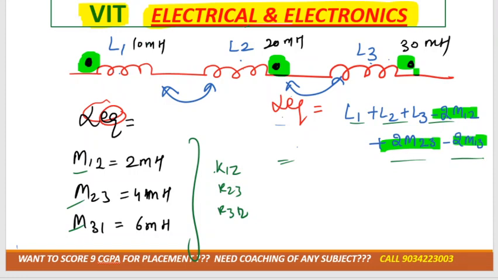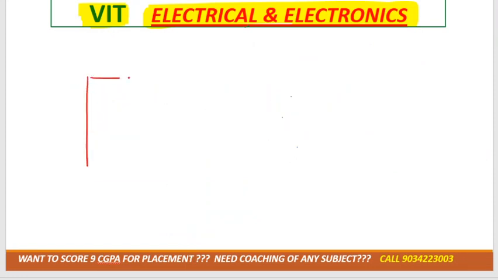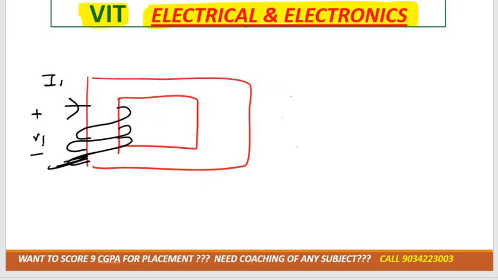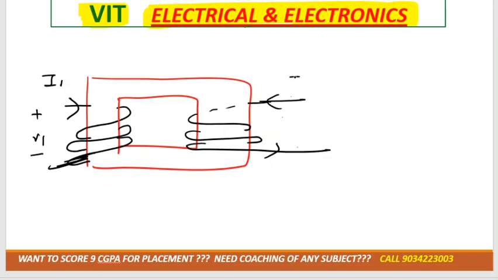Okay, so like suppose this is the transformer. Okay, and as you know in the transformer we'll have windings like this. Like suppose here I1 is there, voltage V1 is there, and in this also I2 is there and voltage V2 is there.